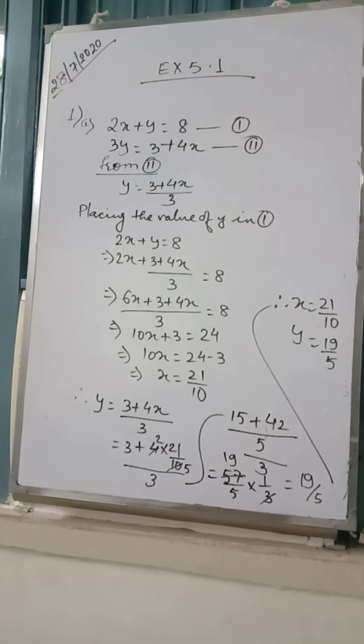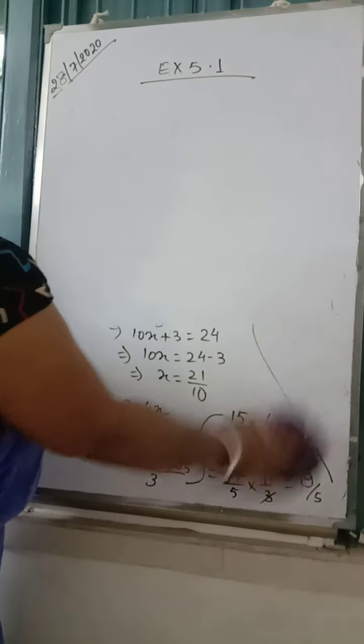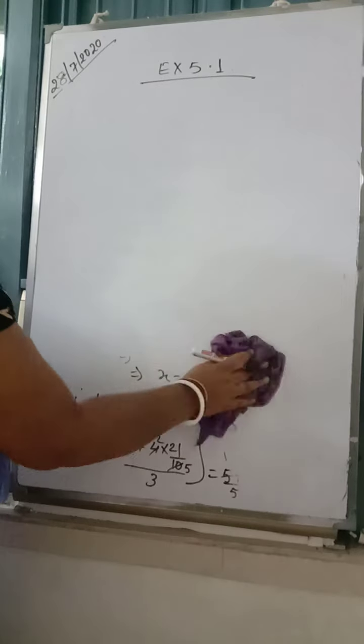Now maybe you can see one more sum. That is question number G. Look at question number G. Though it is decimal, again you may have confusion with that.